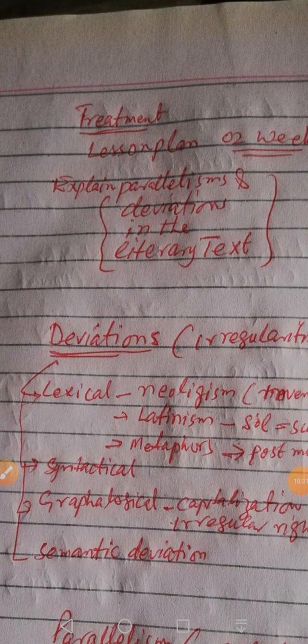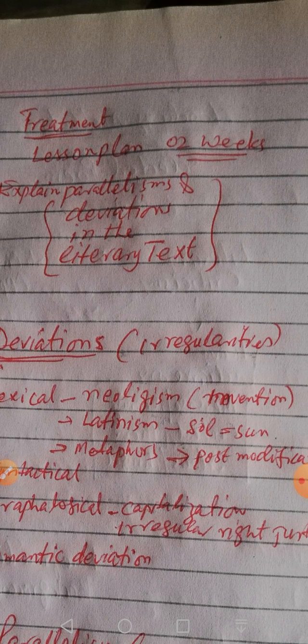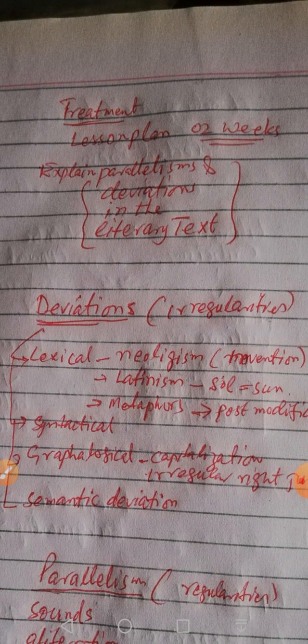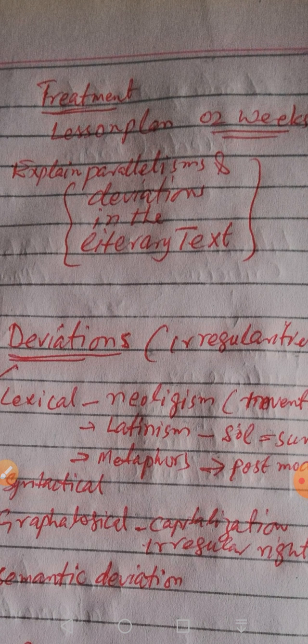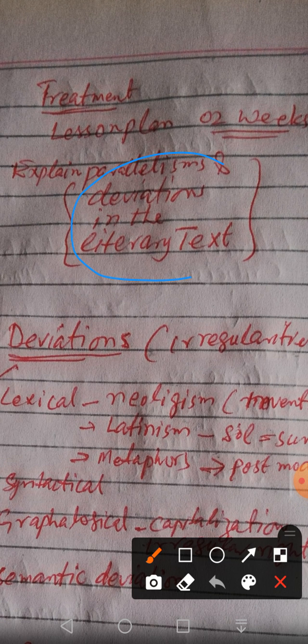So during treatment you can design a lesson plan for 2 weeks, etc. And you can explain parallelisms and deviations in the literary text. Usually this is not done heavily in the literary criticism approach. So what are deviations?